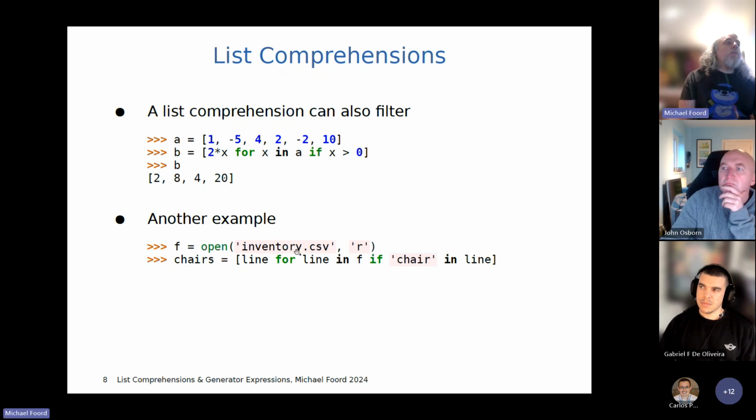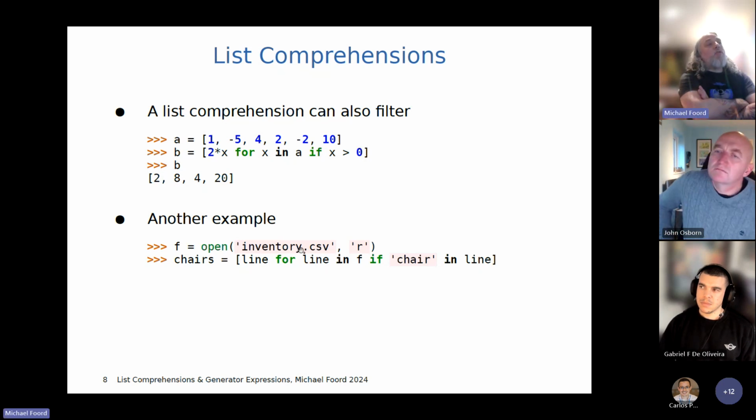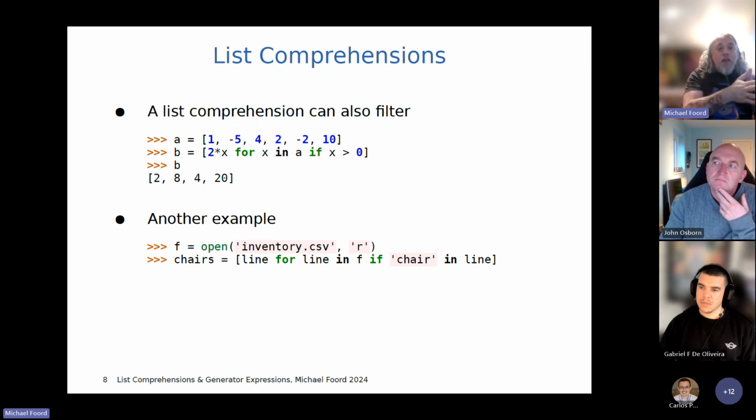Here's another example. Reading an inventory.csv, you can imagine you might be looping over a log file, looking for every line that has critical in it. And the log file might be gigabytes long, but when you open a file handle and you iterate over it a line at a time, you're not holding the whole thing in memory.